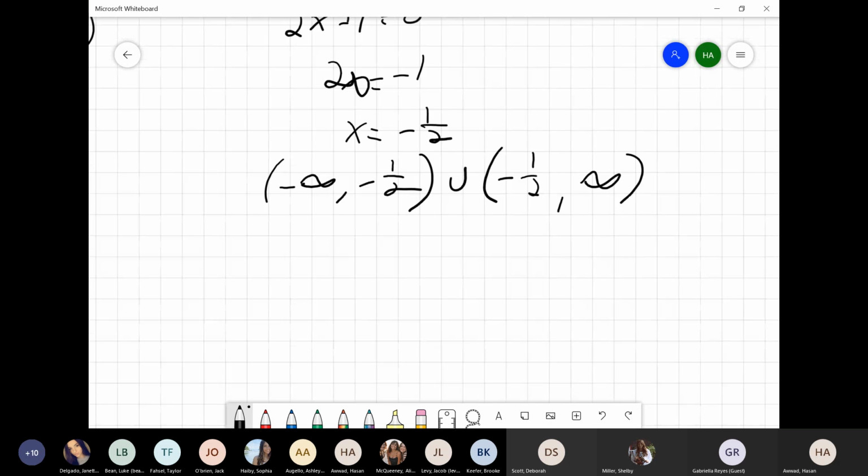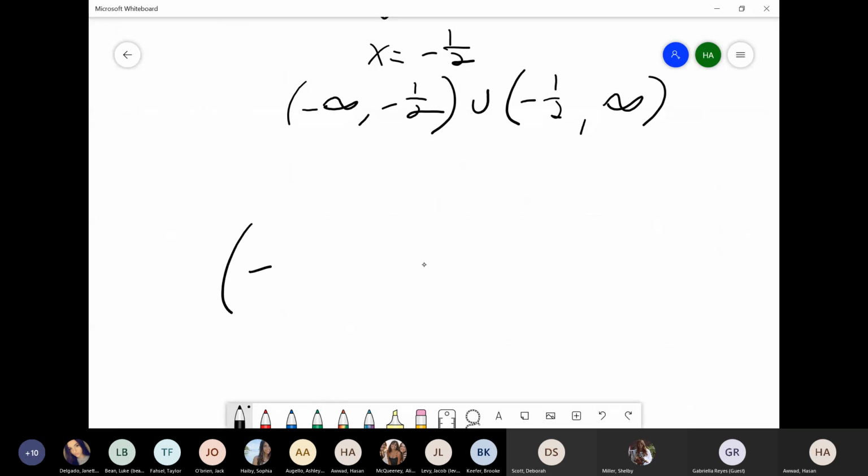So your final domain is going to be all of the possible numbers, right? Starting from the left, so -infinity, and then you hit -1, right? And we know from the first domain that you can't have -1, so you stop there and you say, okay, parentheses. We have to stop at -1, it's not included.